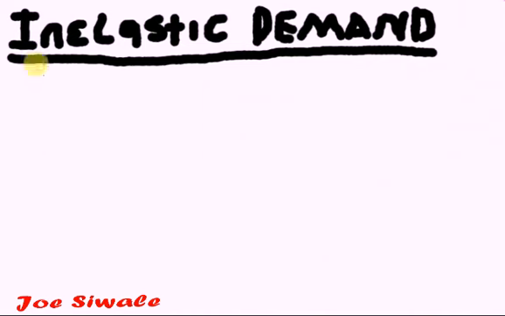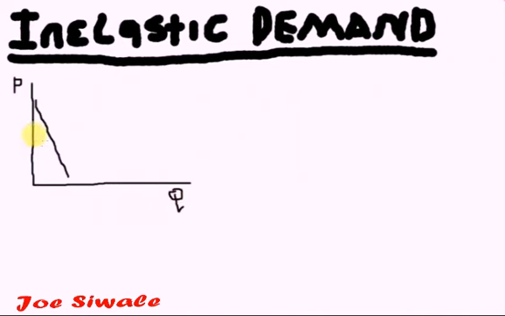And the price elasticity of inelastic demand is always less than 1. If you draw your graph of inelastic demand, make sure that the change in price is always bigger than the change in quantity.